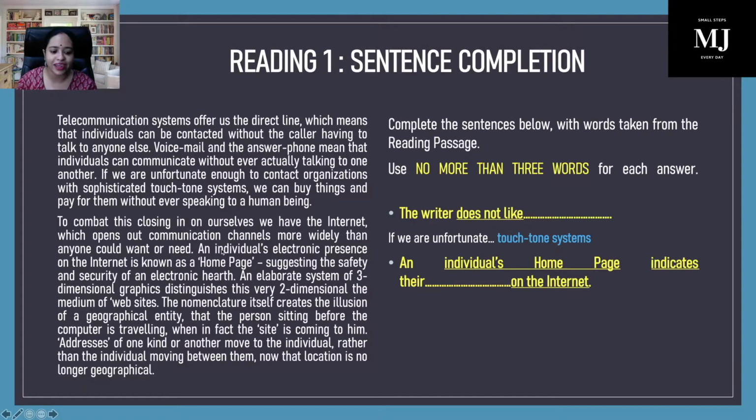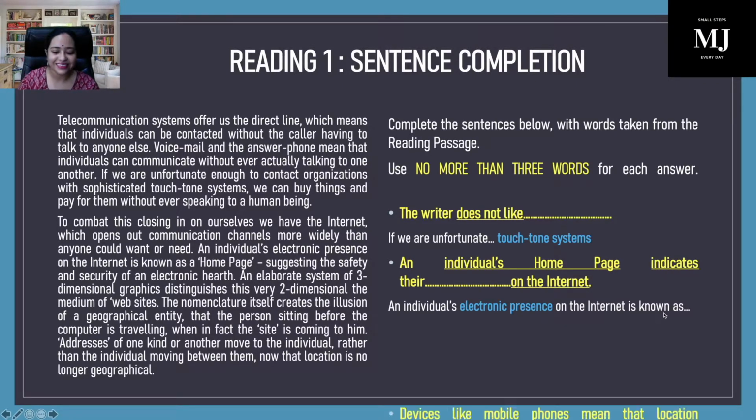Let's go back and read again. An individual's electronic presence. Oh, so home page is actually indicating something on the internet. And what is that? An individual's electronic presence. That means electronic presence can be the answer. Yes. An individual's electronic presence on the internet is known as home page. So that means indicates and known as are paraphrases of each other.